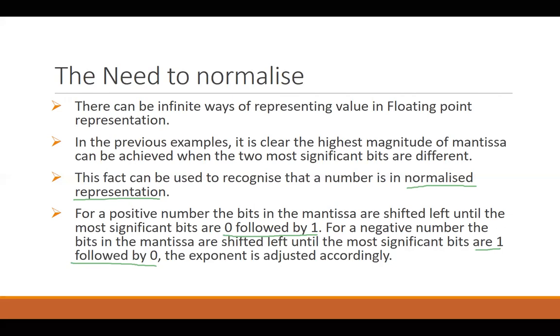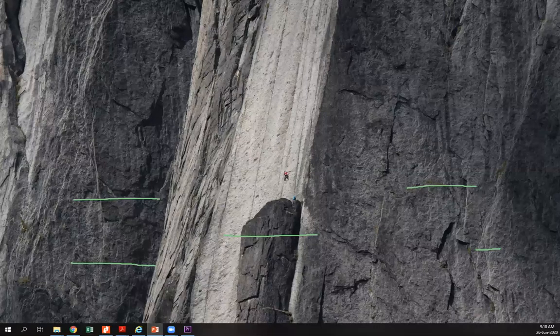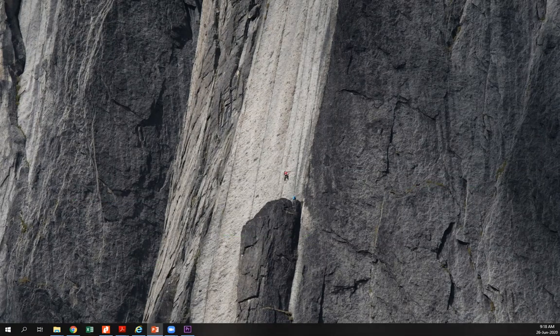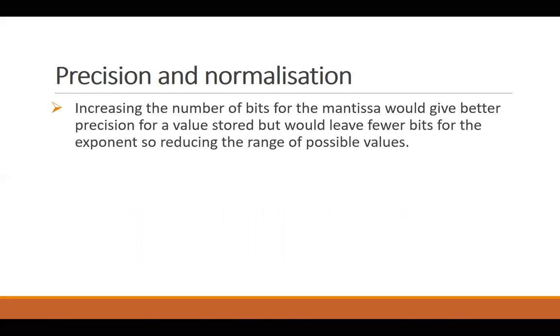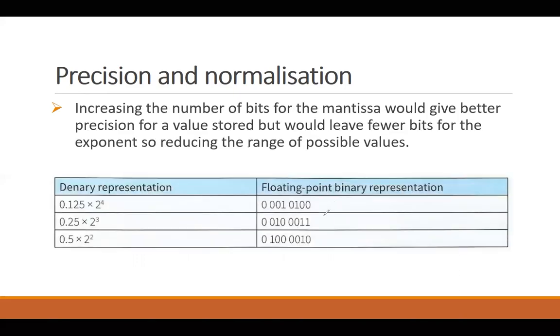Now, if I take you back a little and show you those representations, based on the logic that I just told you, this would not be normalized. The cross doesn't mean it is wrong.